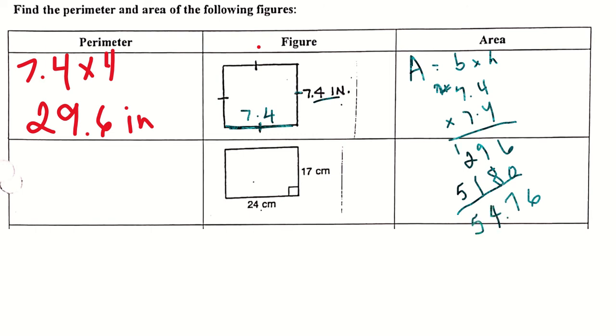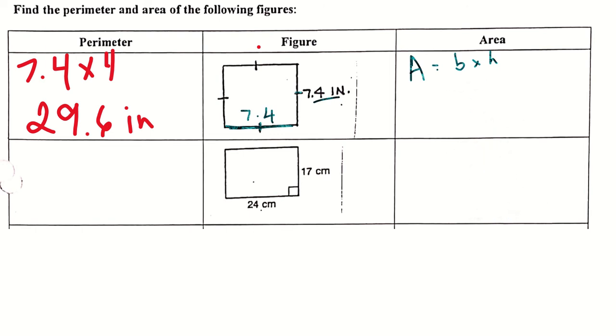So the decimal would go there, 54.76. The area of that square is 54.76, with the units, that would be inches squared. You always need to put squared for an area unit.